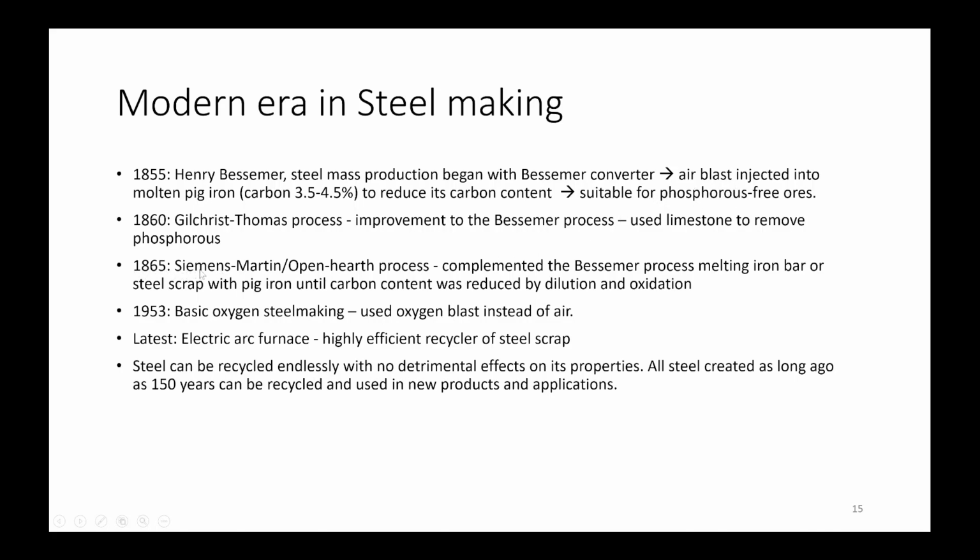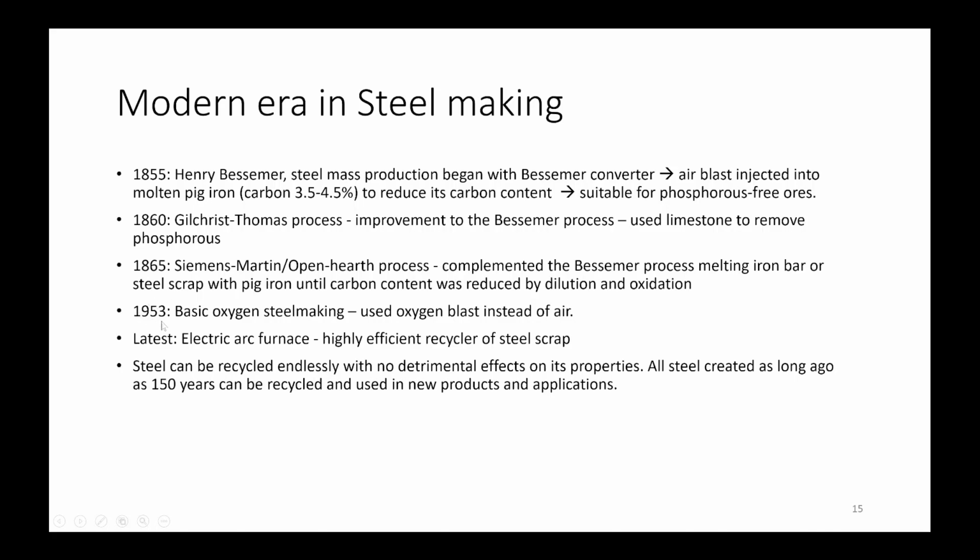In 1865, Siemens Martin coined the term open hearth process. It complemented the Bessemer process by melting iron bar or steel scrap with pig iron. So we use some steel scrap, which dilutes the carbon percentage in the final product, and the content was also reduced by dilution and oxidation.